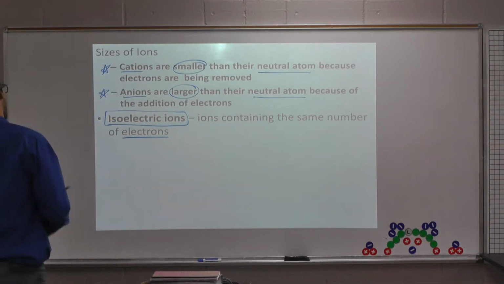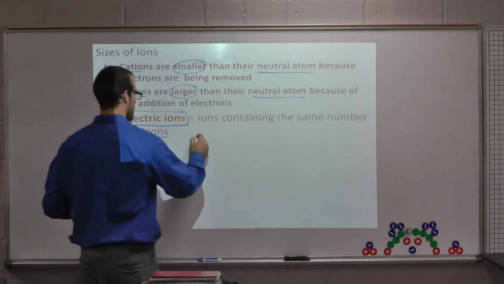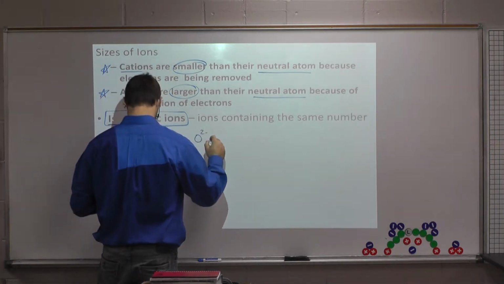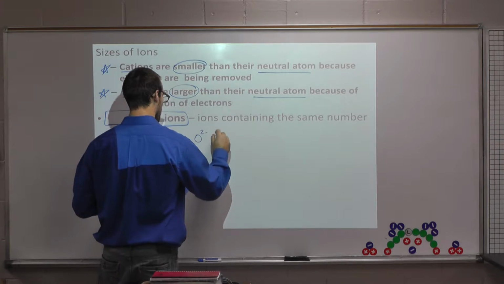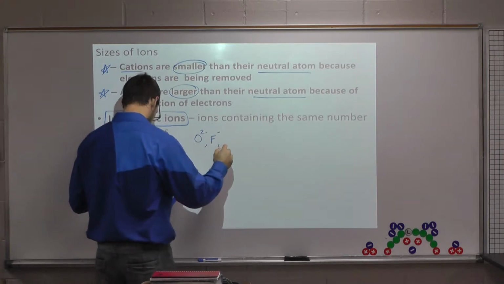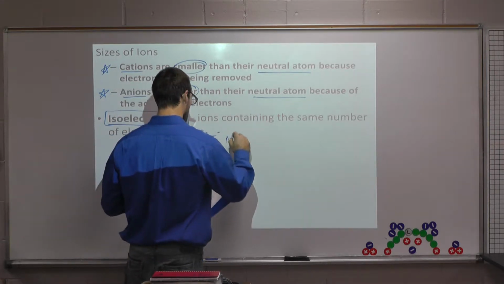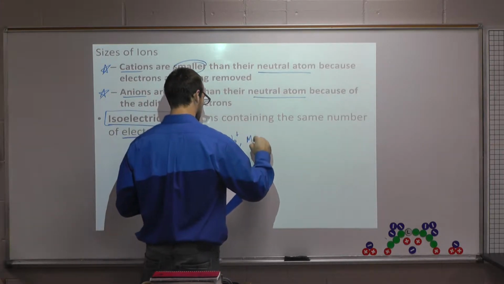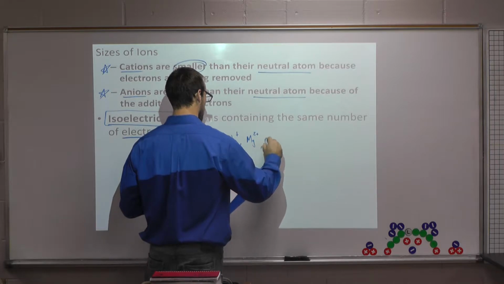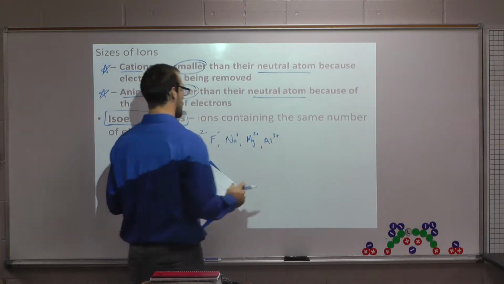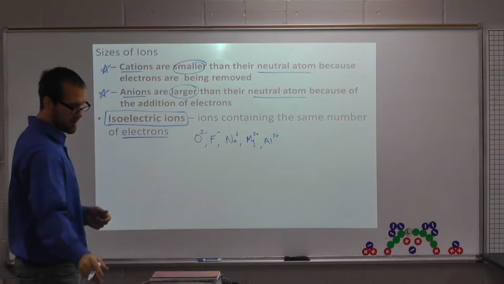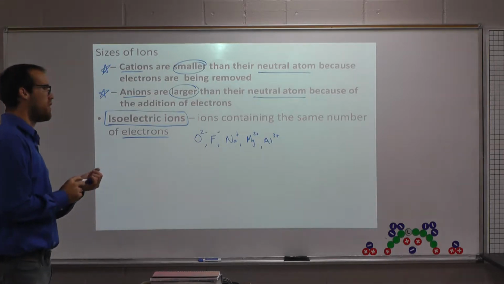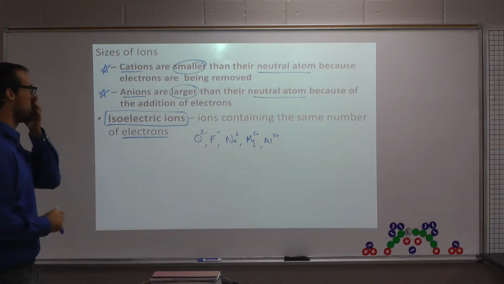So I'm going to give you an isoelectronic series here. It says that an isoelectronic series is going to all contain the same number of electrons. So let's try to figure this out.